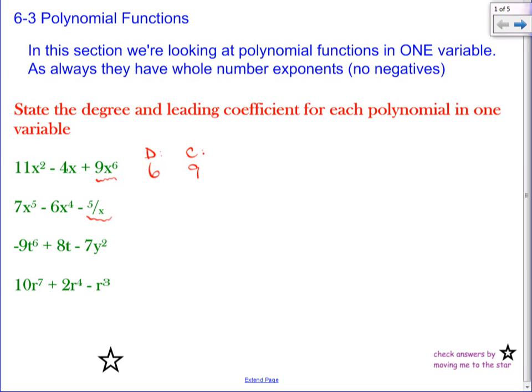Not because it's a fraction. X is in the denominator, which means the exponent on it started out as what? A negative number. Okay. Up here, written in blue, it says that polynomials have what? Whole number exponents. Okay. So this one's not a polynomial.